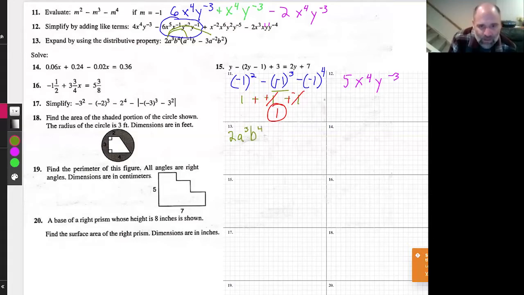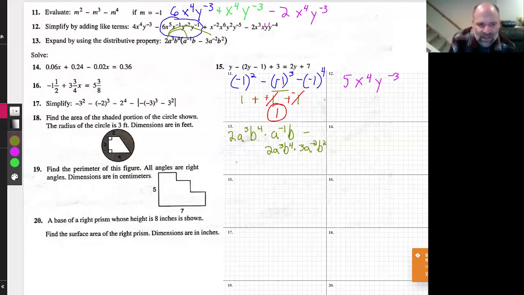Times a to the negative 1 b minus, all right, now do this multiplication, 2a cubed b to the 4th times 3a to the negative 2b squared.